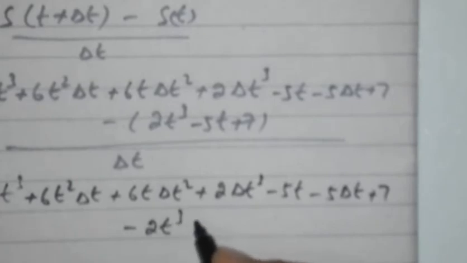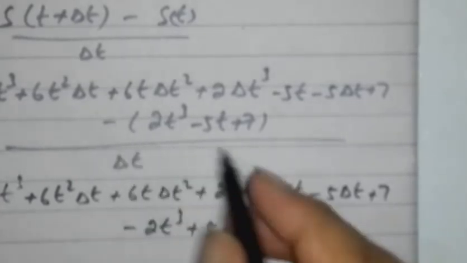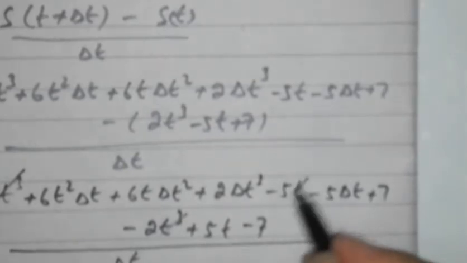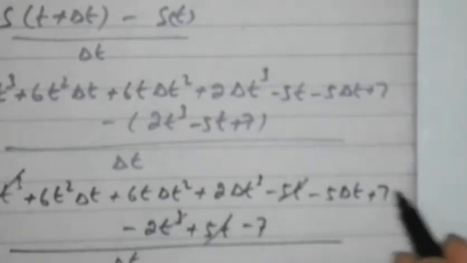It becomes minus 2t cube, minus into minus plus 5t and minus 7, whole divided by del t. This 2t cube cancels with this 2t cube and minus 5t cancels with plus 5t and plus 7 cancels with minus 7.